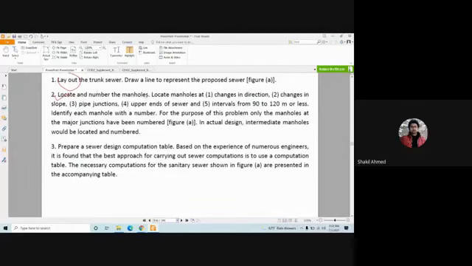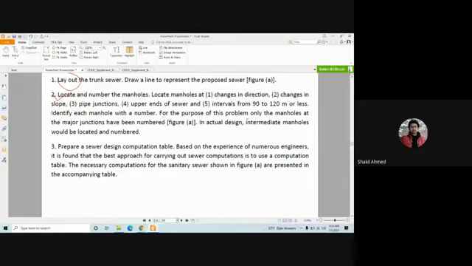Locate and number the manholes. Locate manholes at changes in direction, changes in slope, pipe junctions, and upper end sewers, at intervals of 90 to 120 meters or less. These guidelines I already discussed with you in detail in the previous section.